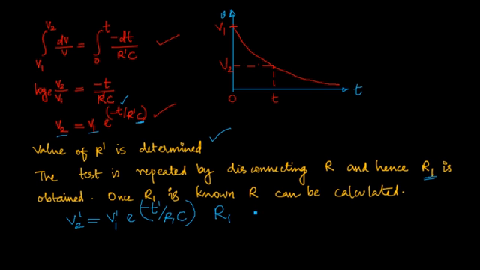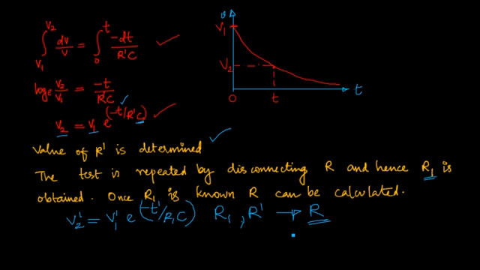Once R1 and R dash are obtained, from the parallel combination equation we can easily find the value of R, which is unknown. So R can be easily calculated by this process.